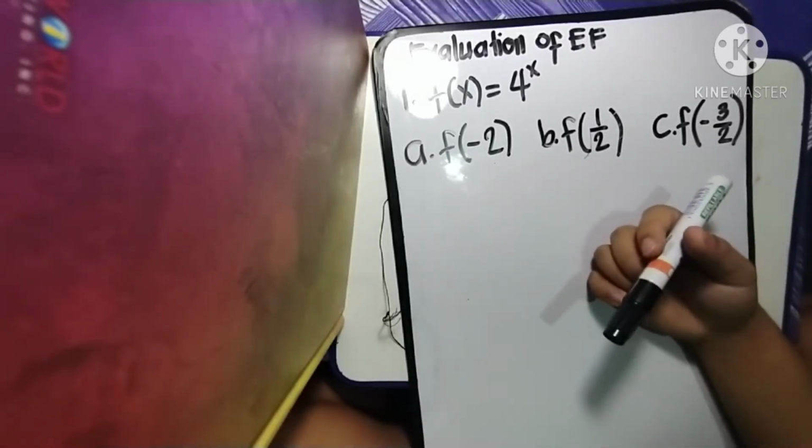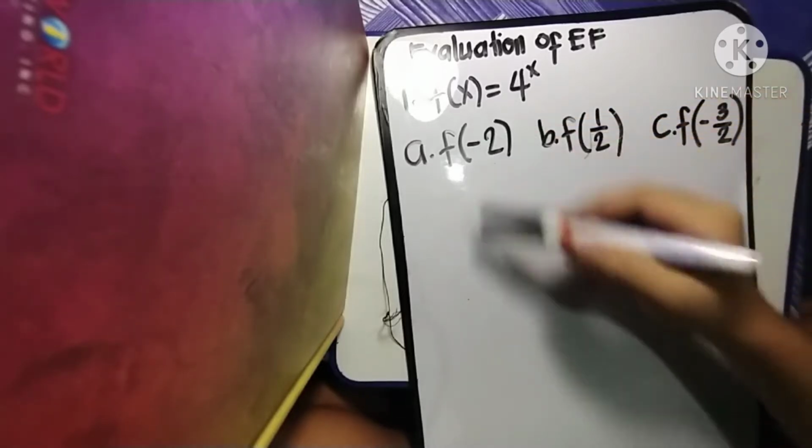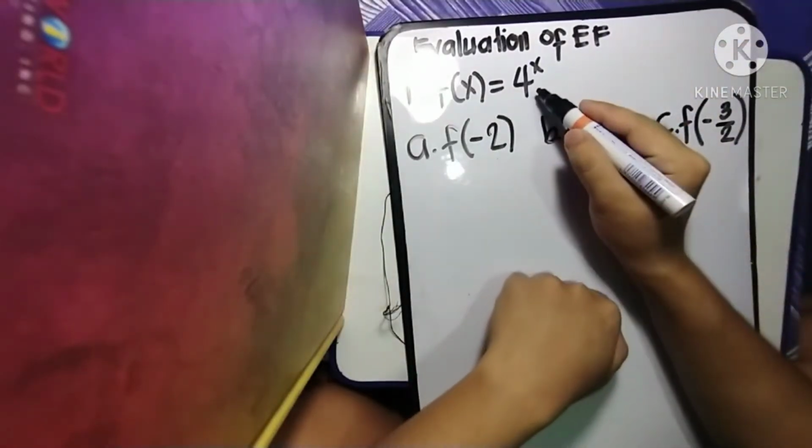Remember, in evaluating an exponential function, first we need to apply the substitution process. We need to substitute the values of the variable in the function f of x, which is equal to a to the power of x. Given the function f of x is equal to 4 to the power of x.